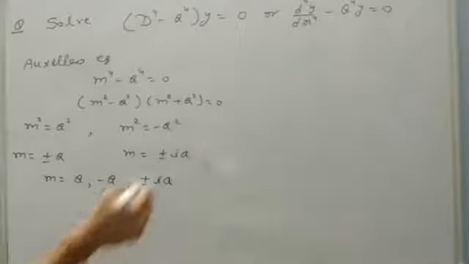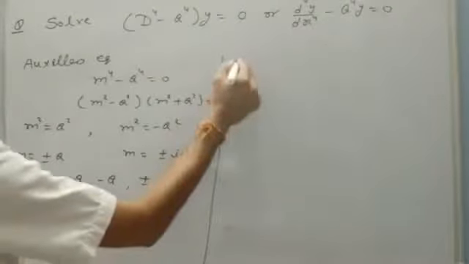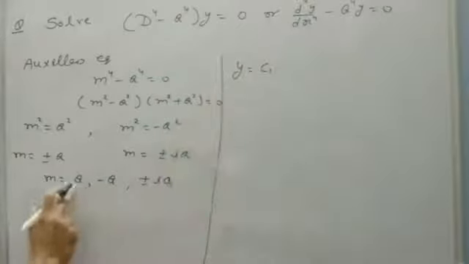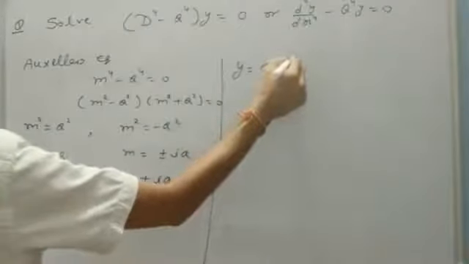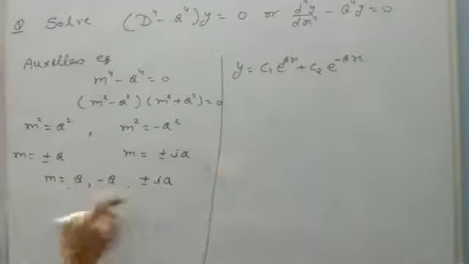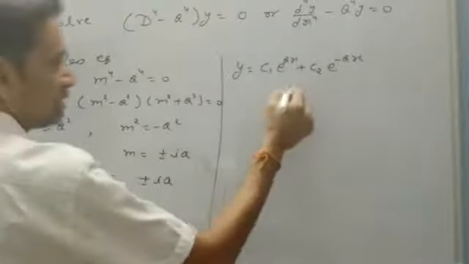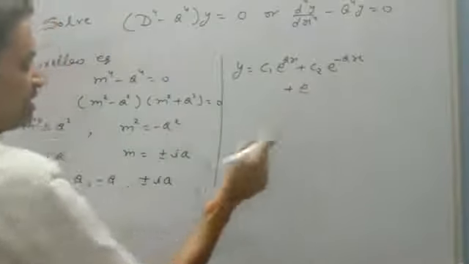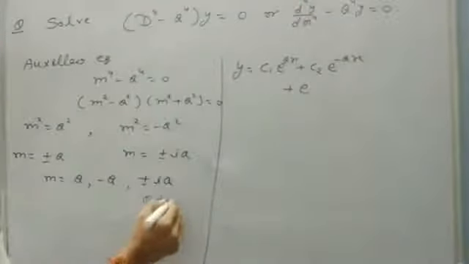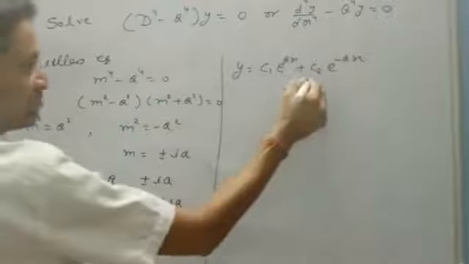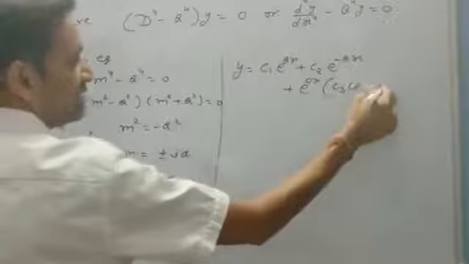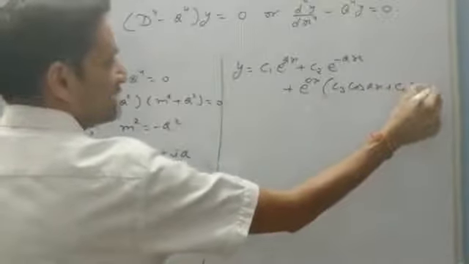So we can say the solution y is equal to c1 e to the power ax plus c2 e to the power minus ax for the real and different roots, plus e to the power 0x for the complex pair 0 plus minus iota a, so c3 cos ax plus c4 sine ax.